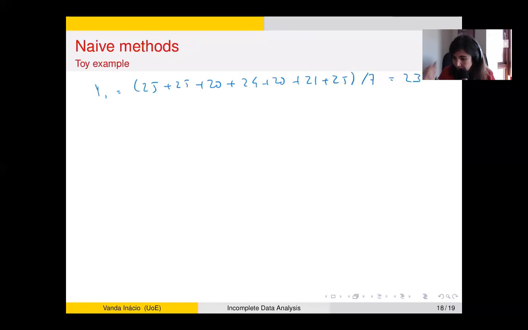The mean of y1 is 23. And now the variance is just 1/6. Sorry, this is 26, okay?